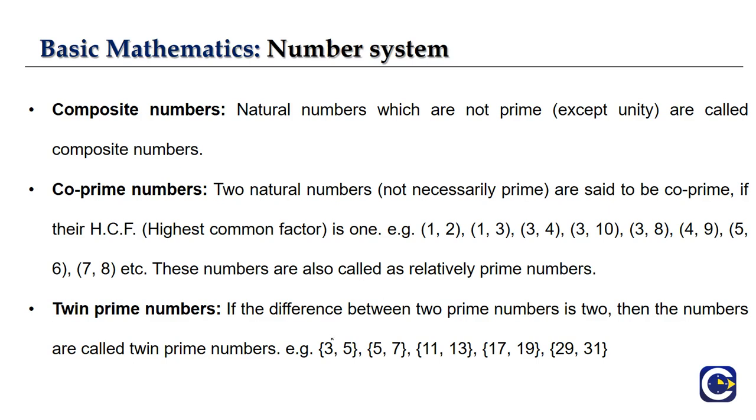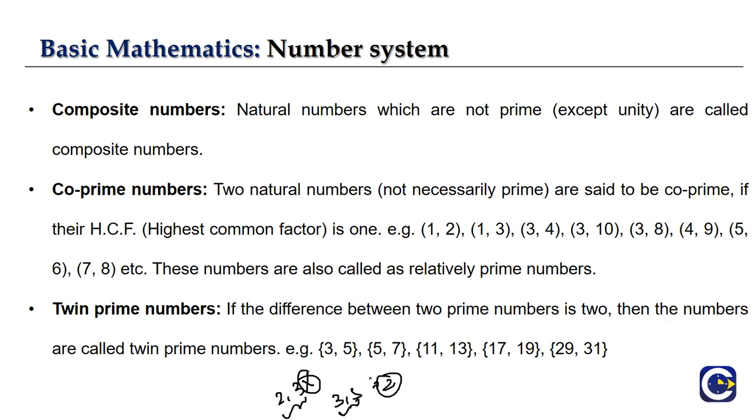You can see an example here: 2 and 3 are prime numbers, but the difference is 1, so these cannot be twin prime numbers. Then we have 3 and 5. The difference between 3 and 5 is 2, so the pair of prime numbers 3 and 5 are called twin prime numbers, right?